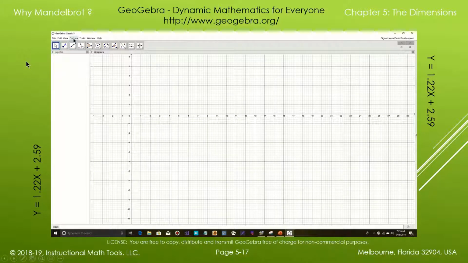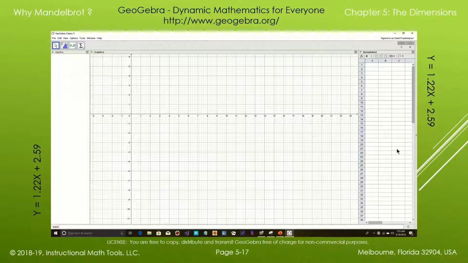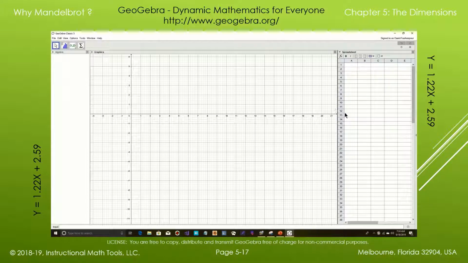I'm going to get a spreadsheet, and we're going to fill in the spreadsheet with the scaling number, the number of boxes touched, the log of the scaling number, and the log of the number of boxes touched.